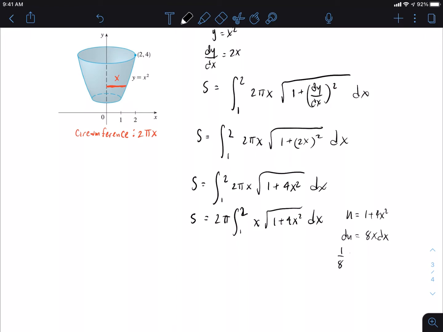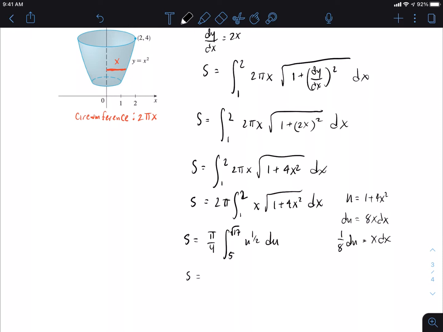So I'm going to get 1/8 du is x dx. So my integral is going to go pi over 4 integral of u to the 1/2 du. And I'm going to change my bounds because I don't want to deal with the bounds anymore. So I'm going to get 5 and root 17, correct? Correct.